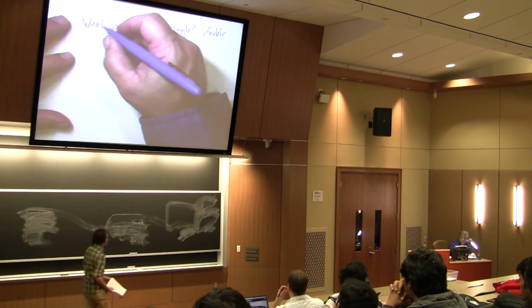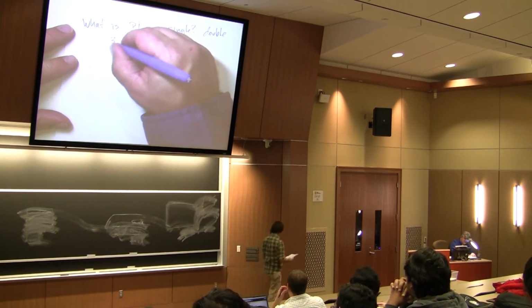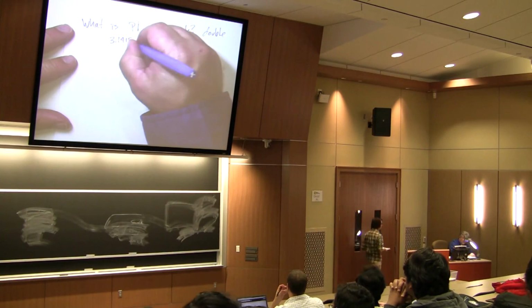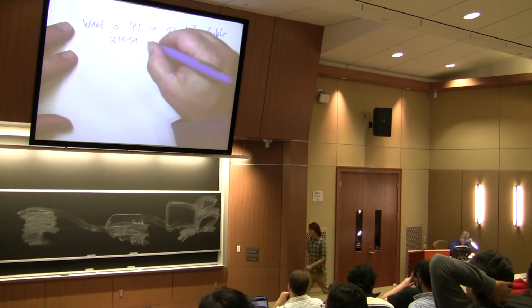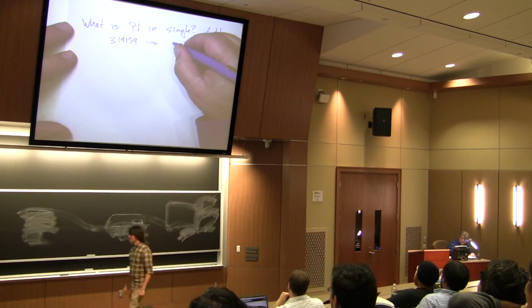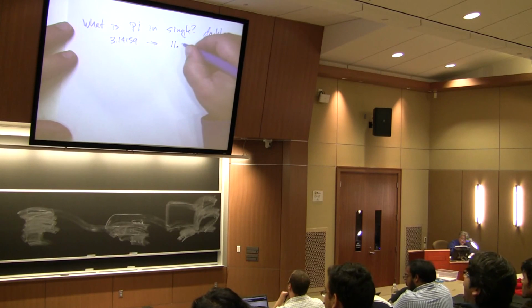So we know for a fact that pi is 3.14159, which right off the bat we know is going to be 11.001 something in binary.